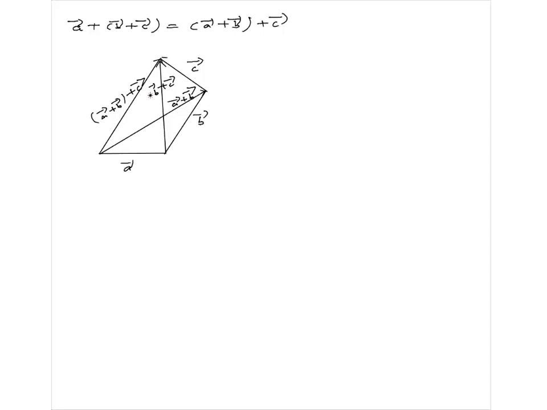A added to the bracket B plus C will be this, A added to B plus C. Clearly these two are going to be equal. Let me know if there is any question. Vector addition is associative. We have proved that.